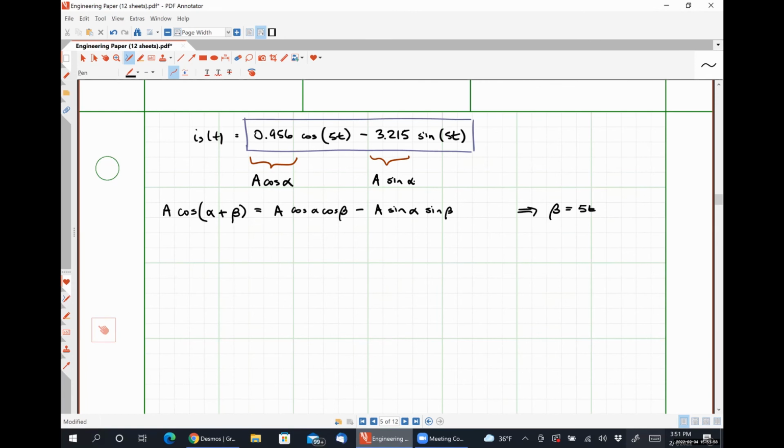Okay, so if I have A cosine alpha and I square it, and I have A sine alpha and I square it, this is going to look like A squared times cosine squared alpha plus sine squared alpha, which is just A squared.